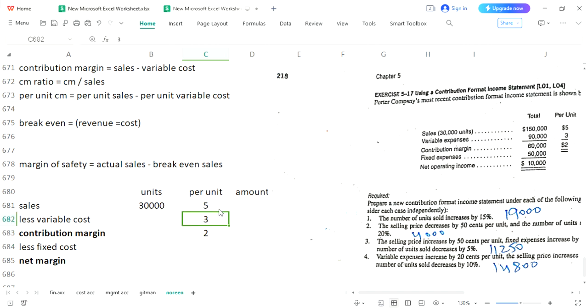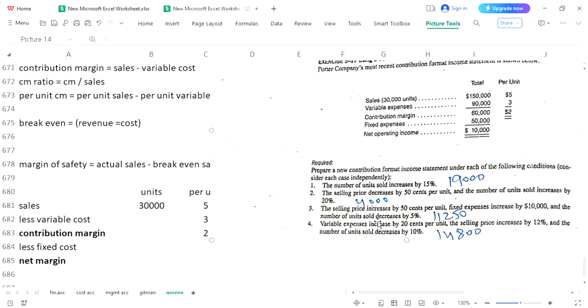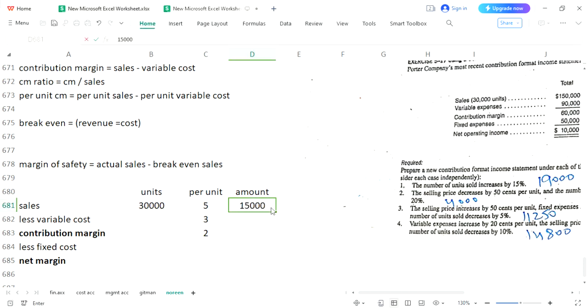And the amounts being discussed are 150,000 at the start, the sales, and then 90,000 is your variable cost. You have got your contribution margin as 60,000, 50,000 is fixed cost. Finally, you are getting net margin as 10,000. So here is the old version of the income statement.